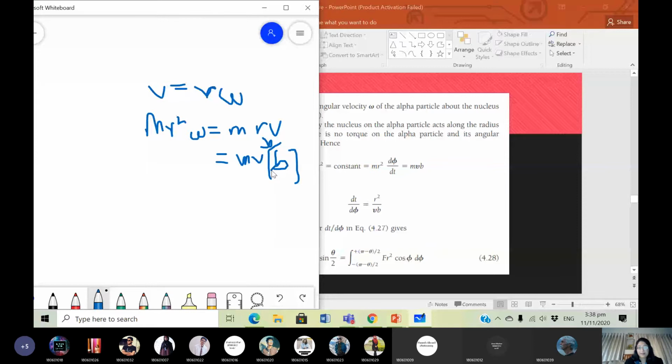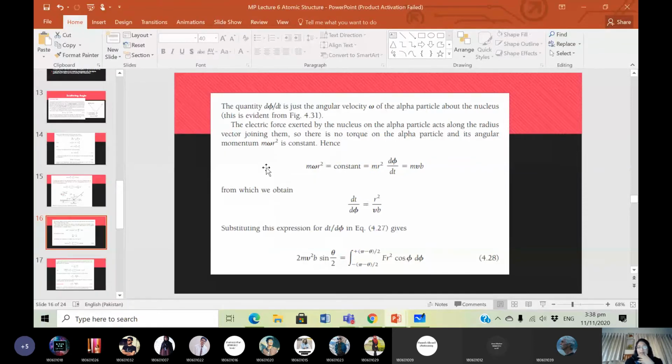Did everyone understand this far? So m r square omega, which is constant, equals m r square times d phi by dt, which is equal to mvb, okay? If we rearrange this, we will get dt by d phi is equal to, m will cancel, r square over vb, okay? Is this understood so far?